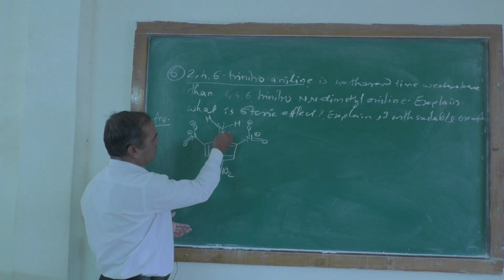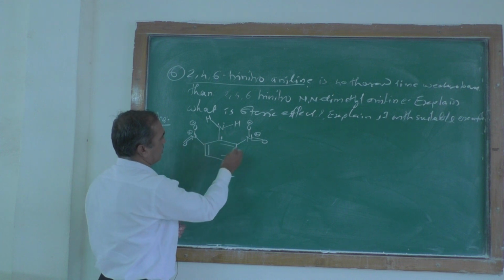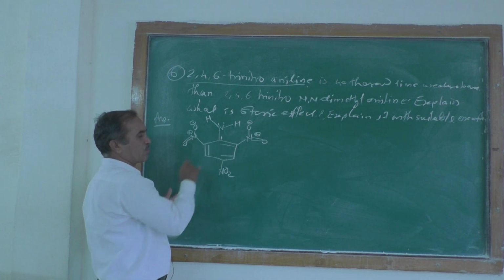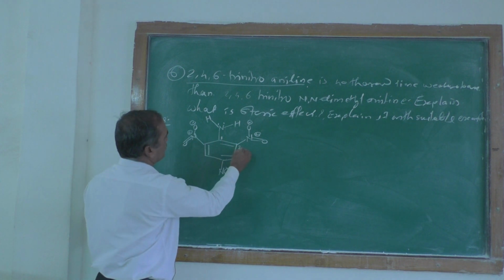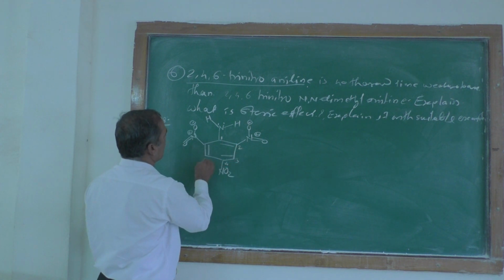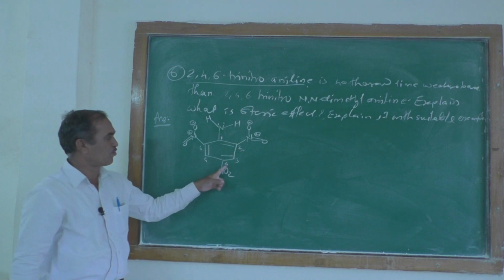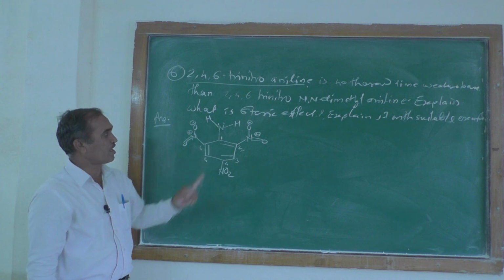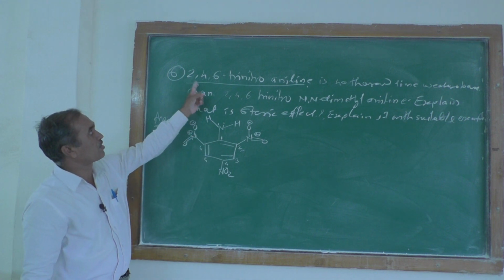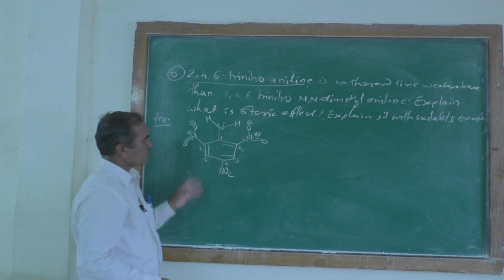This is the main functional group they have considered here, so numbering starts from here as 1, either in clockwise or anticlockwise manner, and you can give the numbers 1, 2, 3, 4, 5 and 6. Look here at the 2 position, 4 position and 6 position. There are 3 nitro groups, and therefore it is called 2,4,6-trinitroaniline.